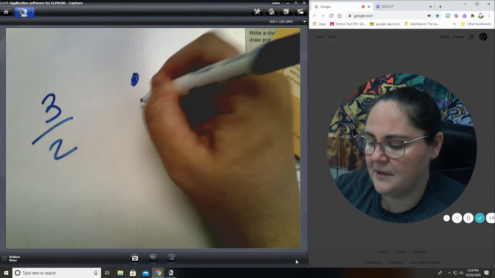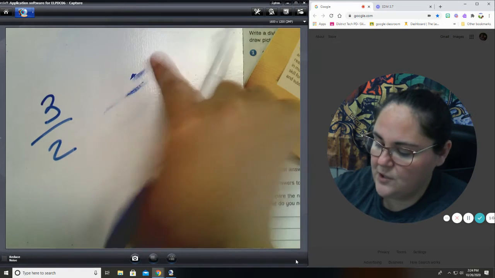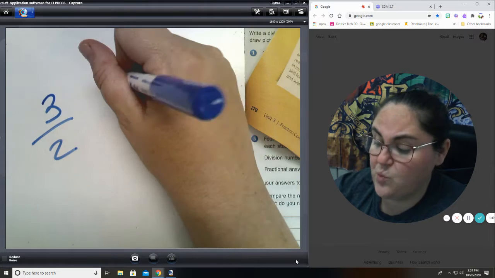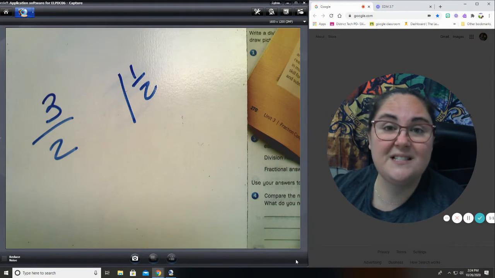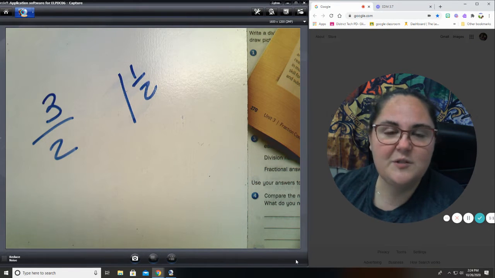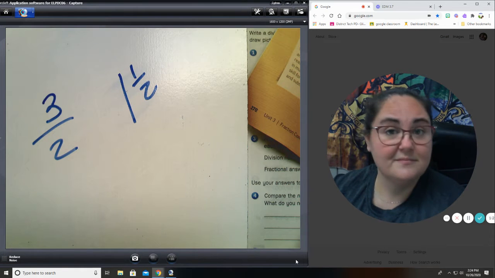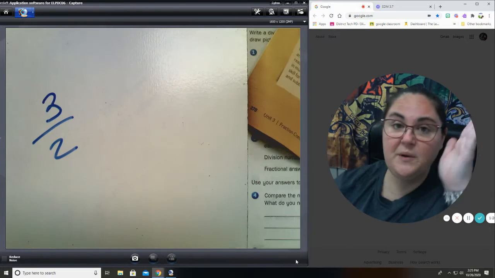So it's the top number divided by the bottom number. That's basically what that line means. So what is 3 divided by 2? Well, 3 divided by 2 is 1 with 1 left over. So 3 divided by 2 is the same as 1 1/2. Well, I'm sorry, 1.5, which means that it's bigger than 1, smaller than 2. So if I asked you where to put this on the number line, you would say between the numbers 1 and 2.